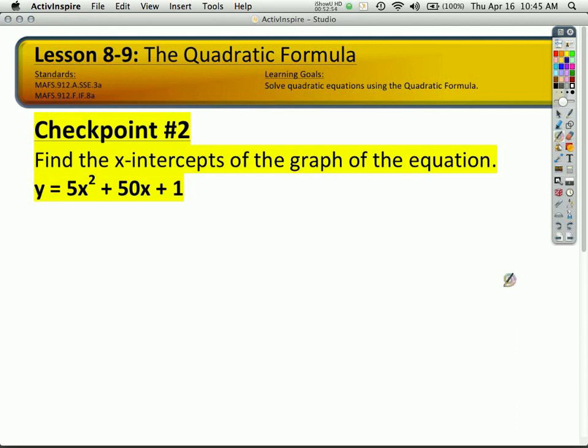Student number 12. Okay, student number 1. X equals -9.98 and -0.02. So I think that was the same thing that she said. Student number 21. X equals -0.02. Okay, it was almost the same thing.